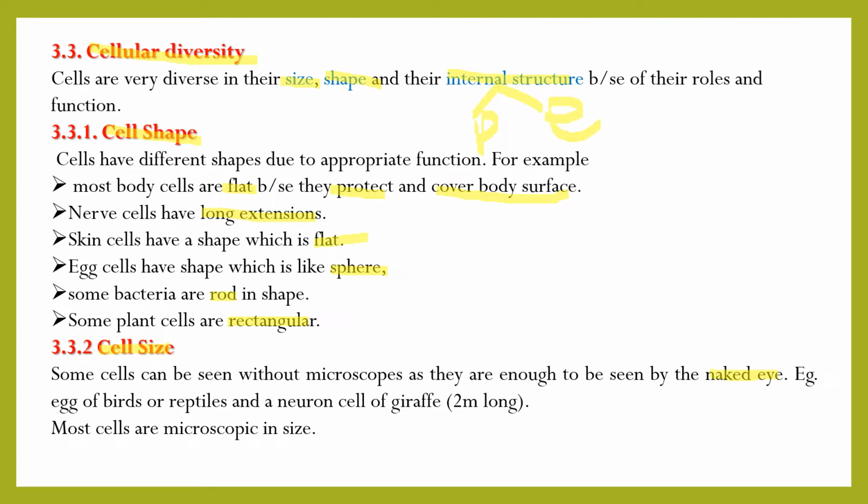For example, egg cells, eggs of birds and eggs of reptiles, as well as nerve cells of giraffes, can be seen without a microscope. But most cells are microscopic. They cannot be seen without a microscope because they are very small.